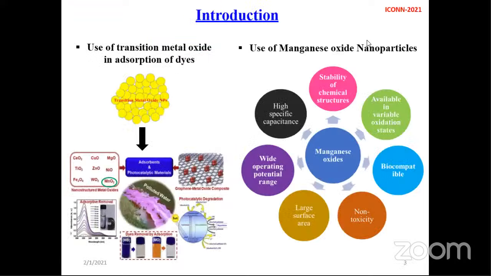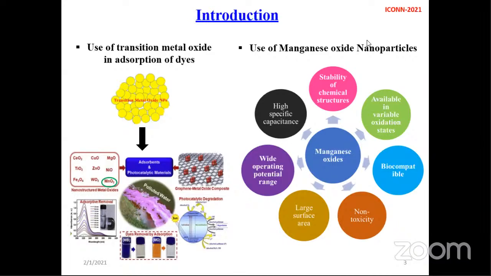In the introduction, I will be speaking about transition metal oxides, which are available in variable oxidation states and have many applications. They can be used in catalysis, dye adsorption, and supercapacitor studies.